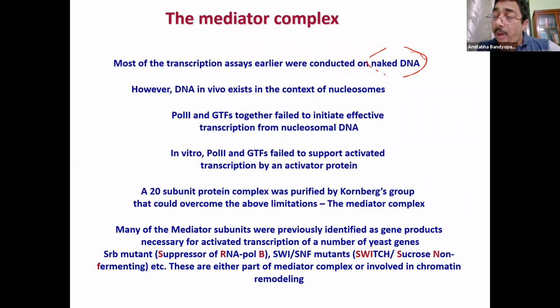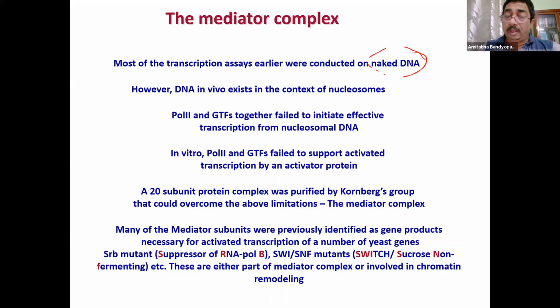And you know what, quite surprisingly, when he sequenced those subunits of the mediator complex, he realized that most of these proteins were already known. They were known in certain yeast genetic screens. So these proteins therefore have very unique names. Okay, look at it.